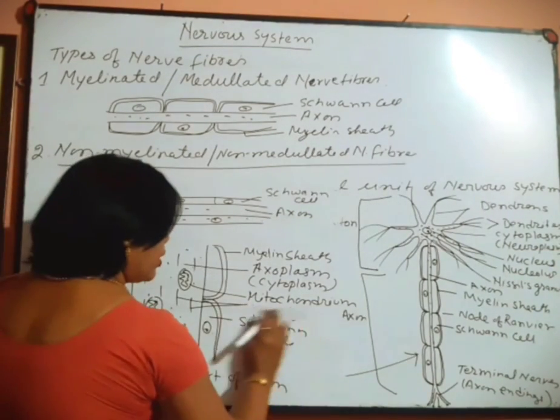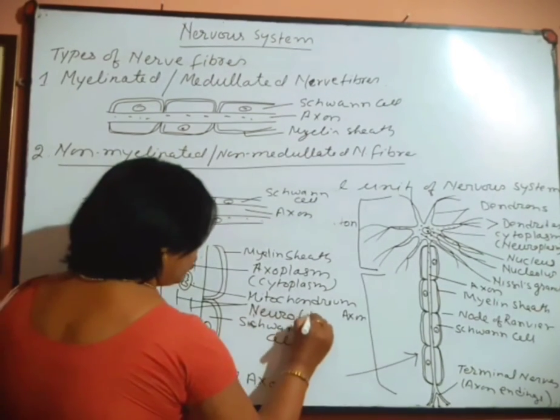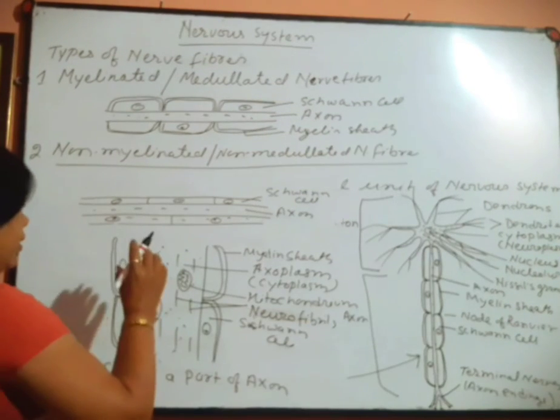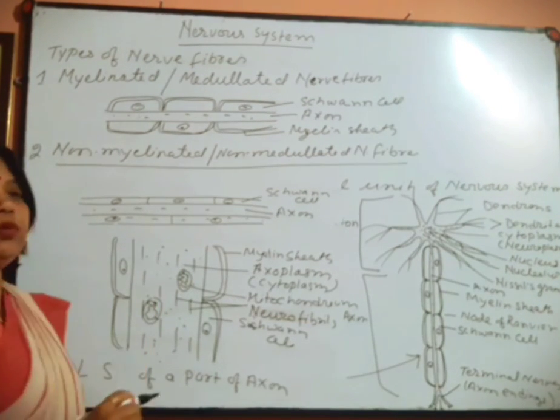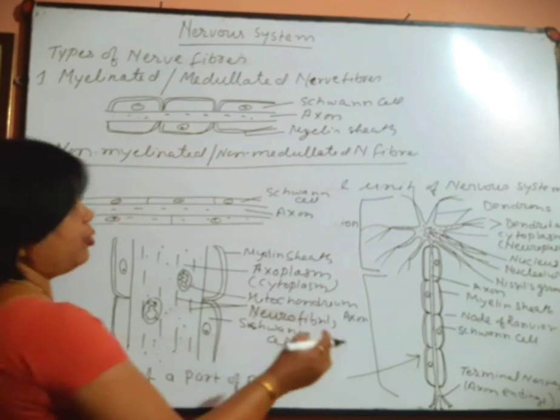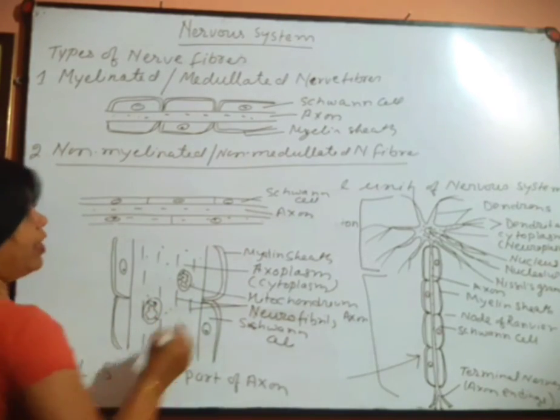Those fibrils are known as neurofibrils. But the cytoplasm of the axon lacks Nissl granules. That means Nissl granules, which are present in the cytone, are absent in the axon.